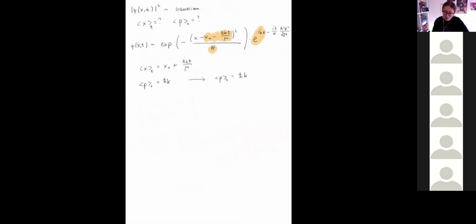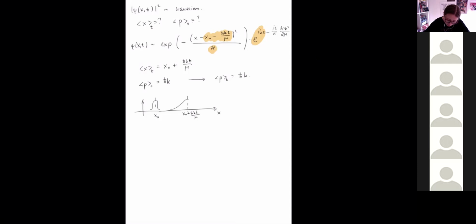So essentially, if we start with this Gaussian at x0, then after time t it will indeed move along the x-axis to x0 plus h bar k t over mu, but it will also become less peaked.